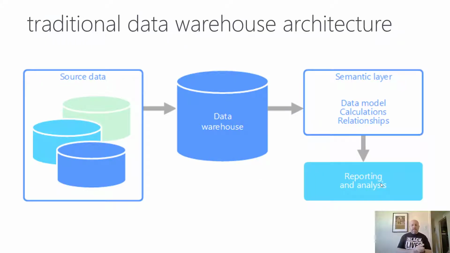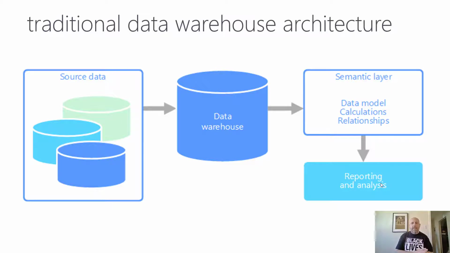Great, so at its most basic level, a data warehouse is a centralized repository of integrated data from one or more disparate sources. They store current and historical data, and they're used for reporting and analysis on that data. So this diagram is a good traditional data warehouse.